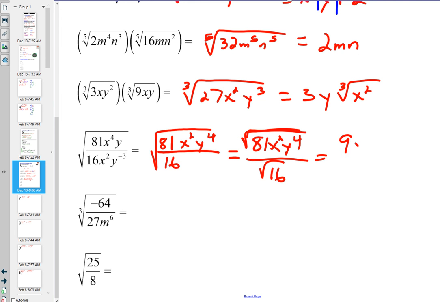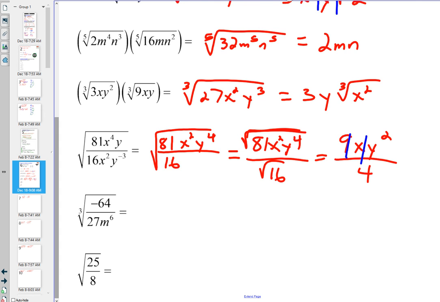So this is 9xy squared over 4. Am I done? Did any of those variables take an absolute value? It was even everywhere before, it was odd on the outside.